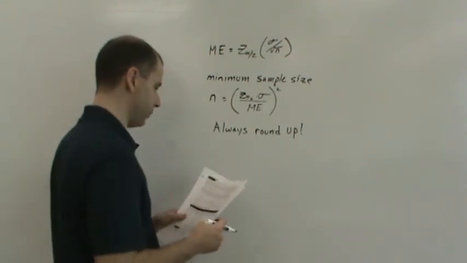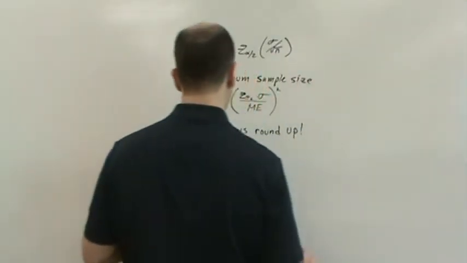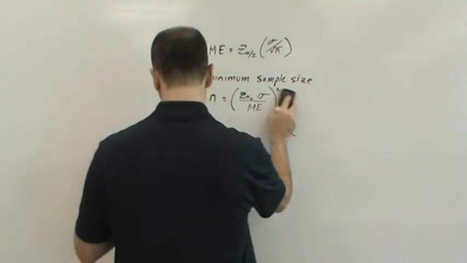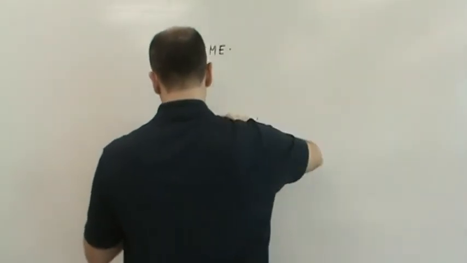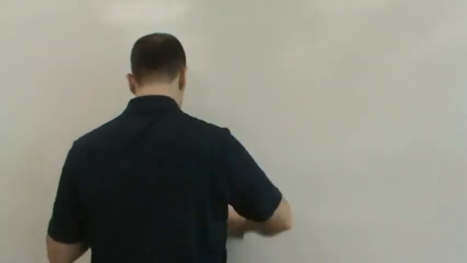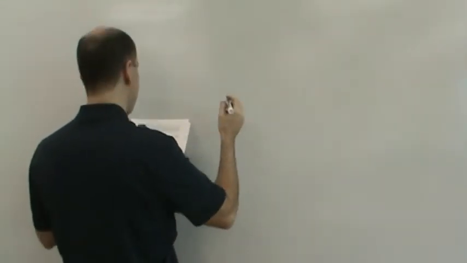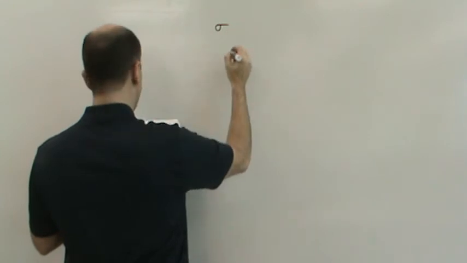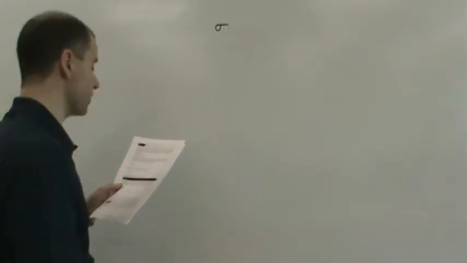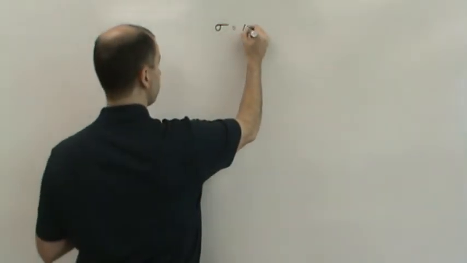So let's do an example. So here it is. It says the population standard deviation for the age of Foothill College students is 15 years. So sigma equals 15 years.